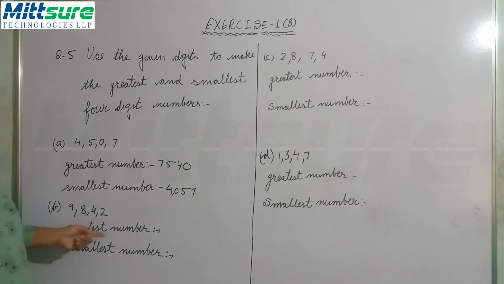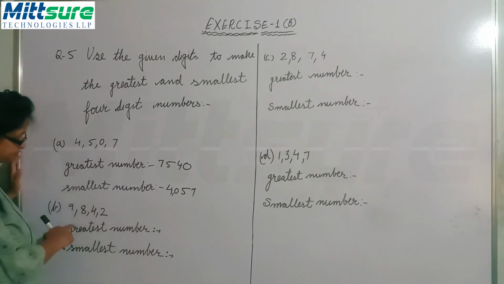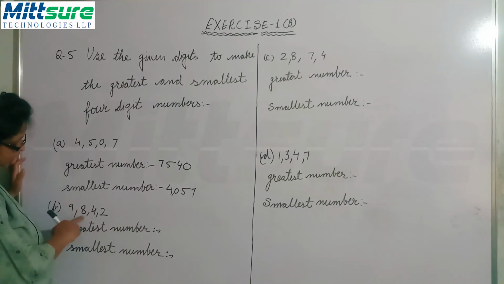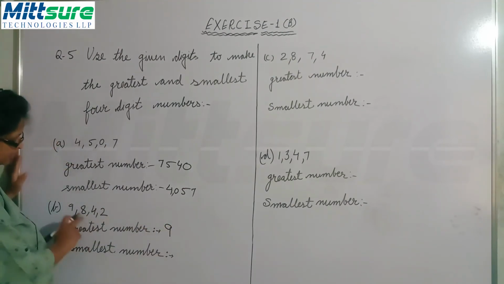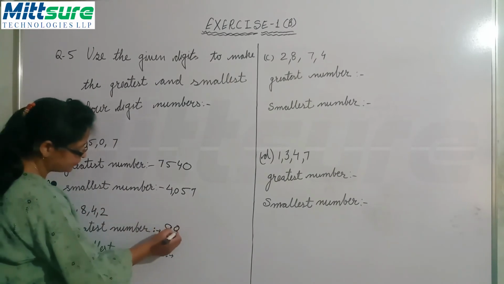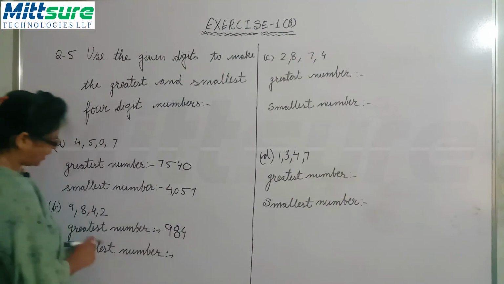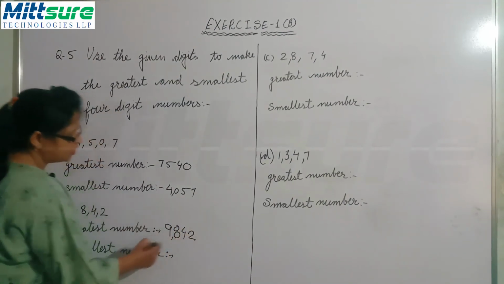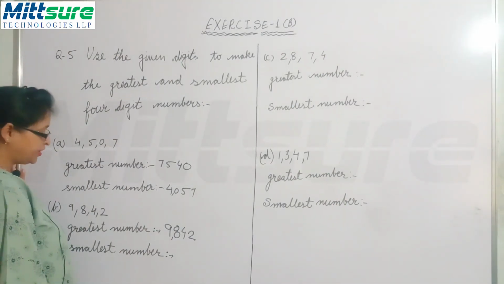Now the next is number B, 9842. Now we have to arrange the greatest number. So first we will arrange these digits in descending order. The greatest digit is 9, the smaller than 9 is 8, the smaller than 8 is 4, and the smallest is 2. So 9842 is the greatest number.